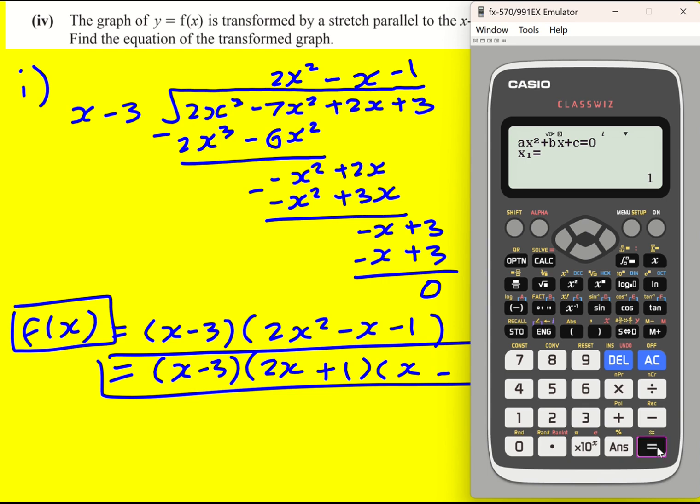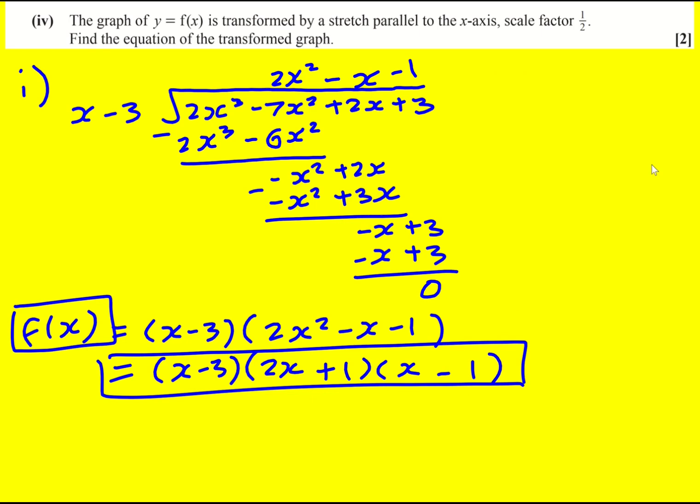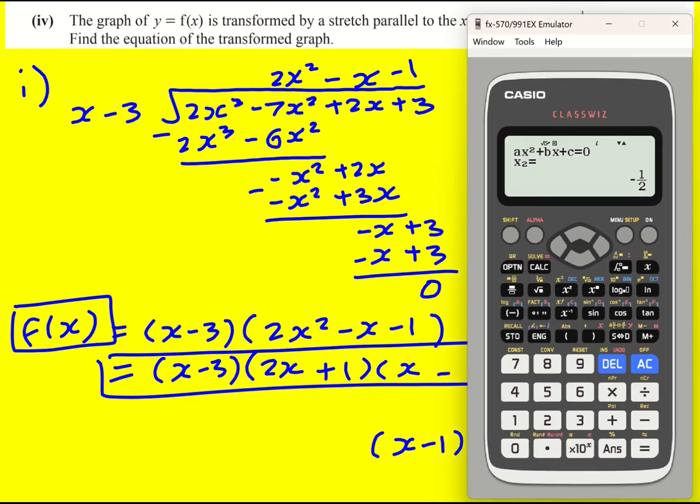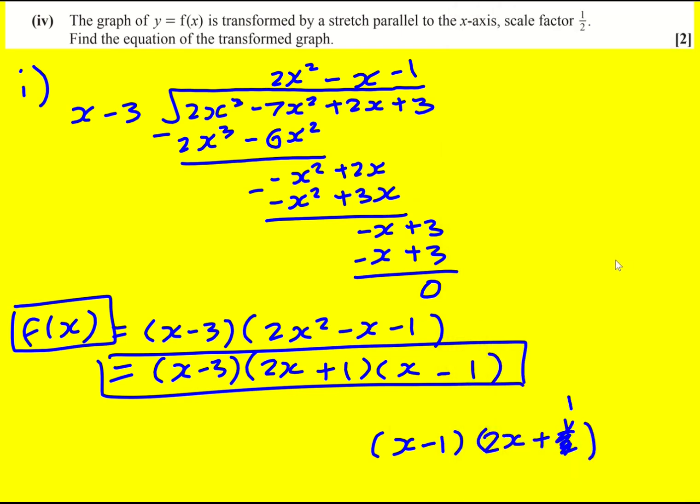Okay, and we get 1 and minus a half as our solution. That might give you that to factorize, but there's a 2 in there somewhere. So if you then multiply through by 2, you're going to get what I got there. So if you really struggle with factorizing, actually in A-level maths, your calculator can help you and sort it out.